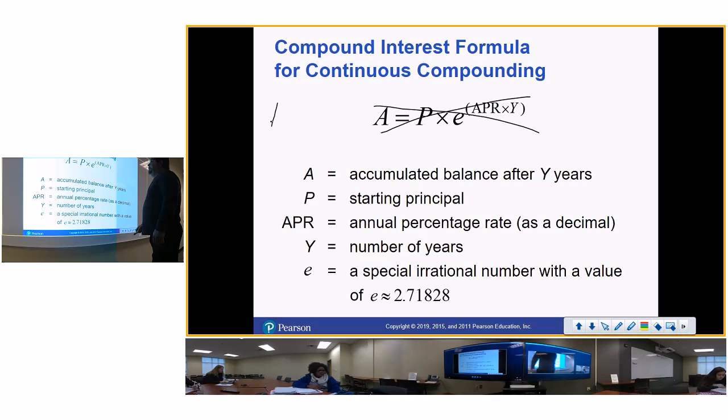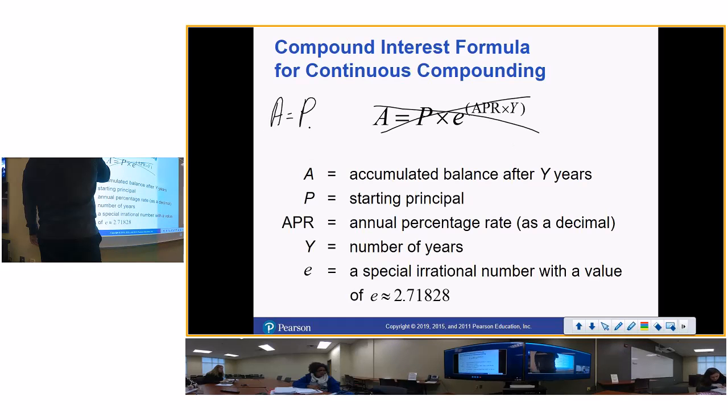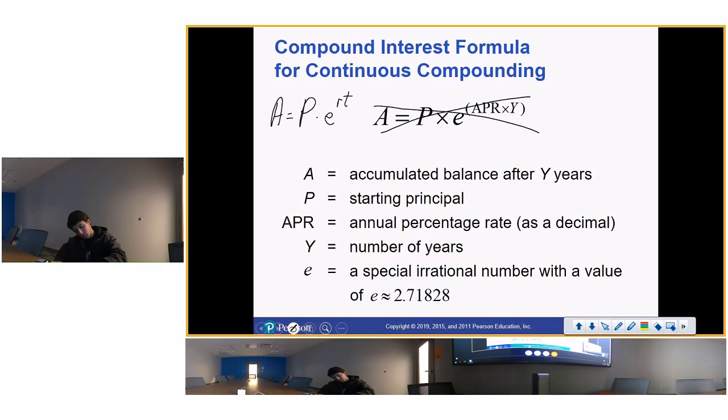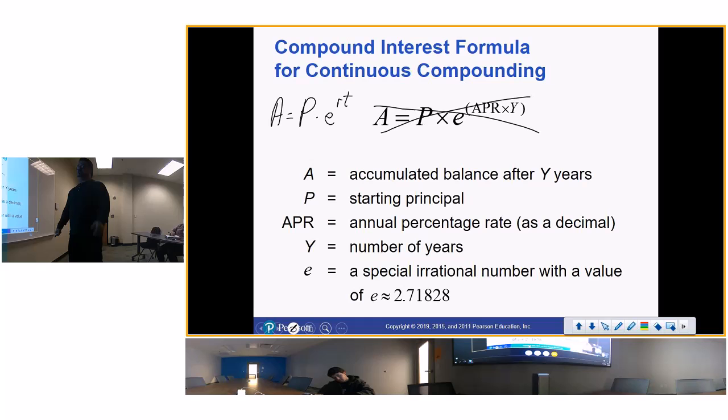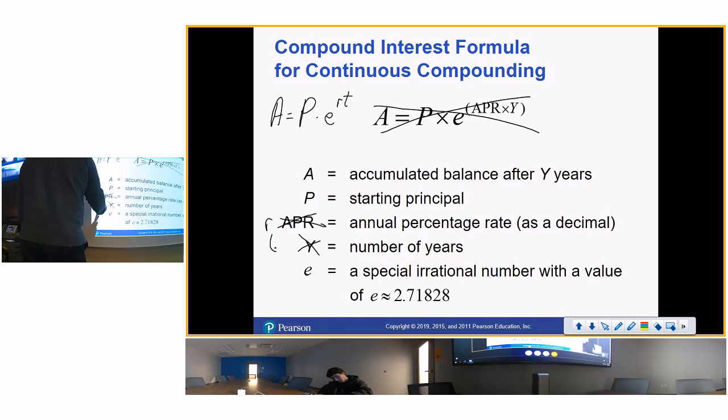So I use A is equal to P times e to the rt, PERT. Because if you go into a business class right now and you go into this section, you're not going to see APR, you're going to see r. And you're not going to see y, you're going to see t.